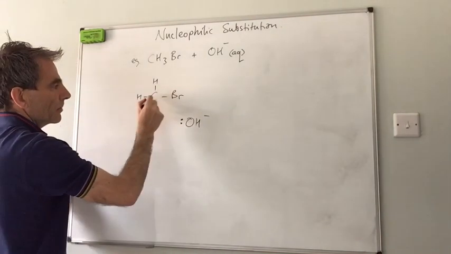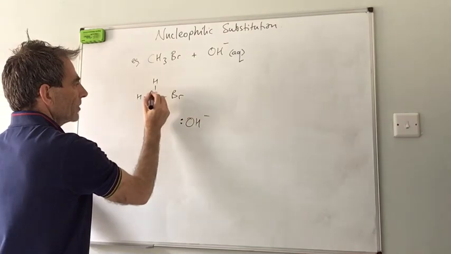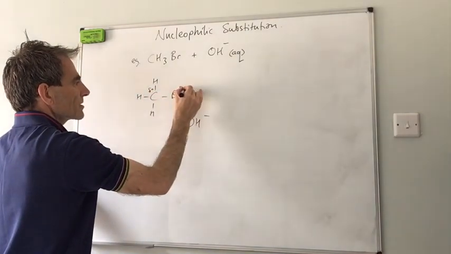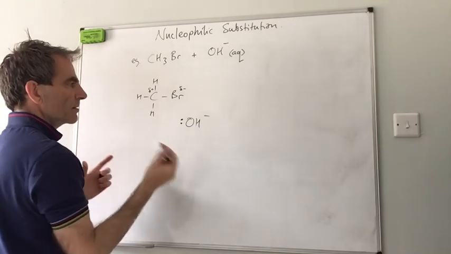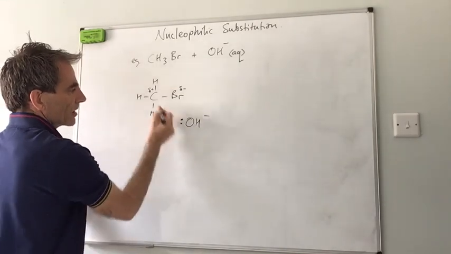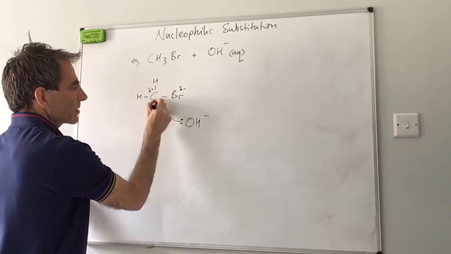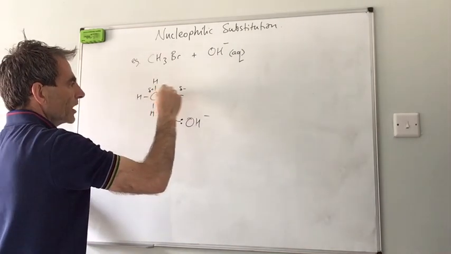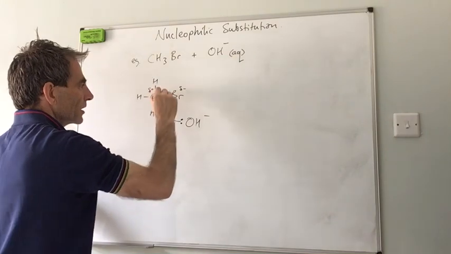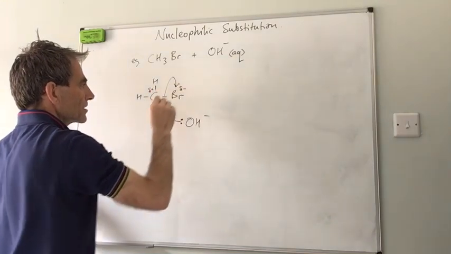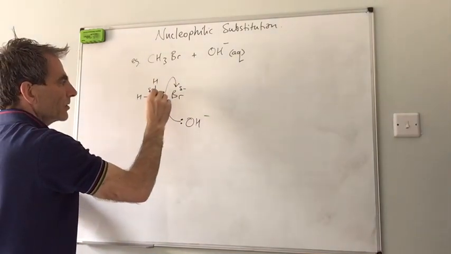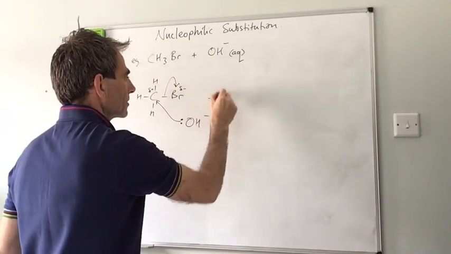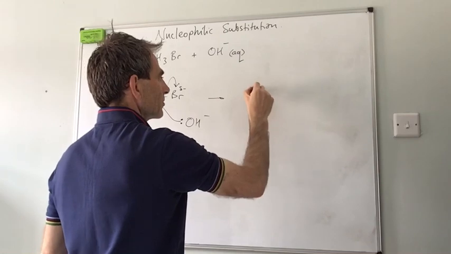So this carbon halogen bond has a dipole across it, so the carbon is slightly positive, the bromine is slightly negative. Nice simple mechanism, this one, so you can see hopefully that that pair of electrons will be attracted to that carbon, and that will break this bond by heterolytic fission, and it'll repel the pair of electrons in the bond completely onto that bromine there, and we get this product.